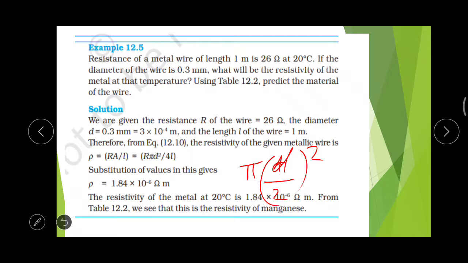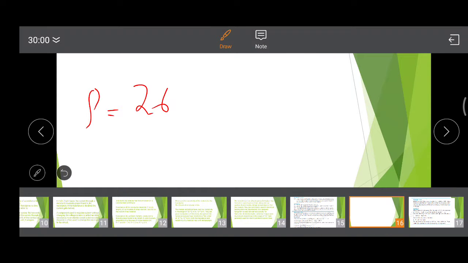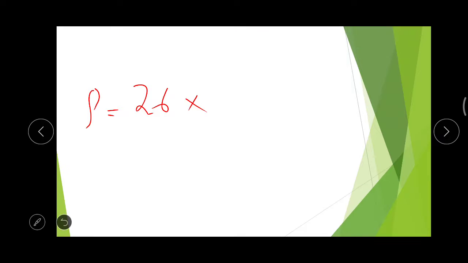So substituting the values, rho is equal to R is equal to 26 into pi, which is equal to 3.14.